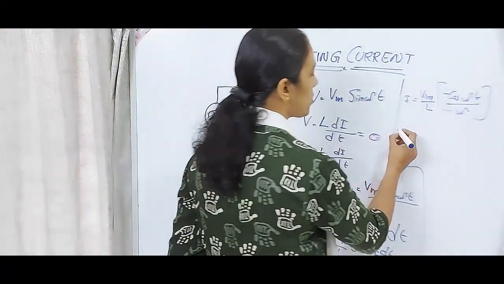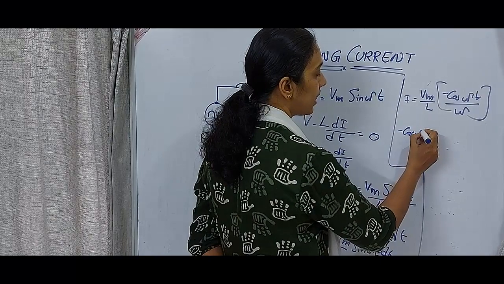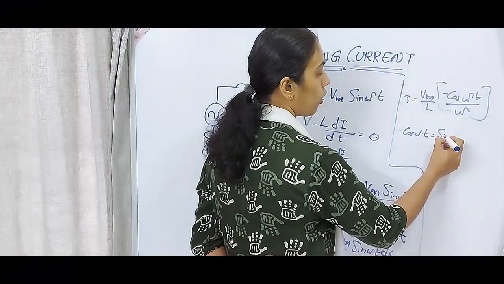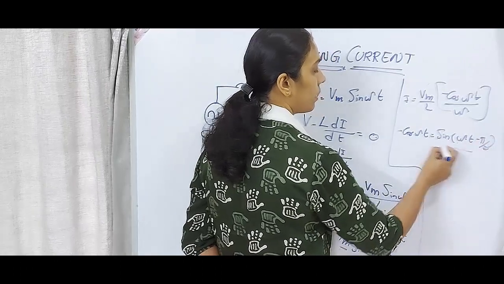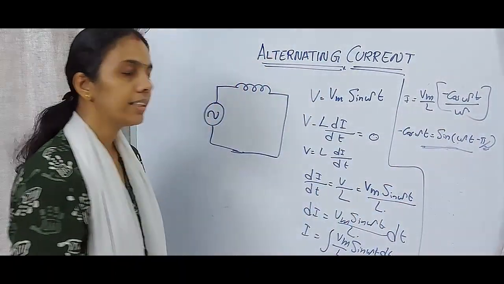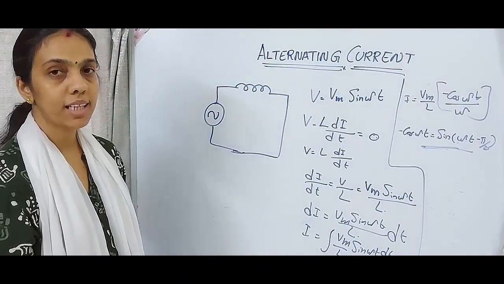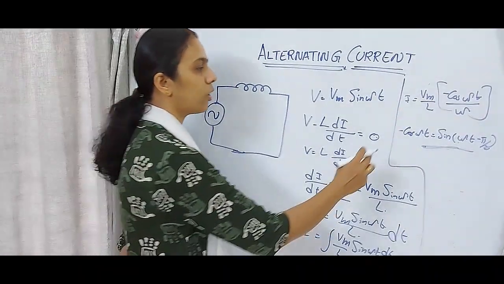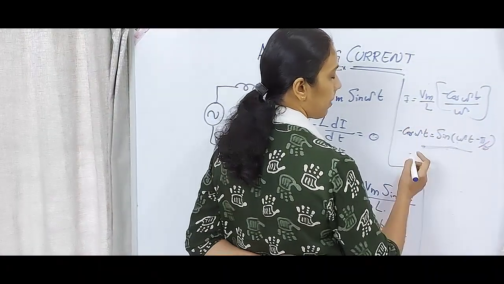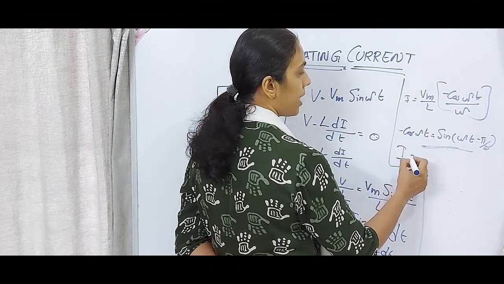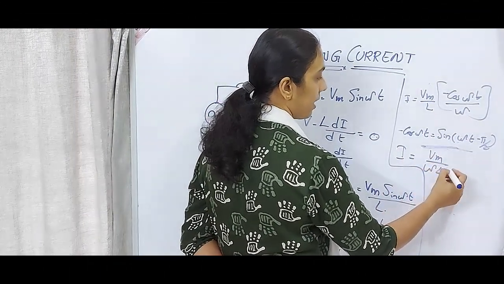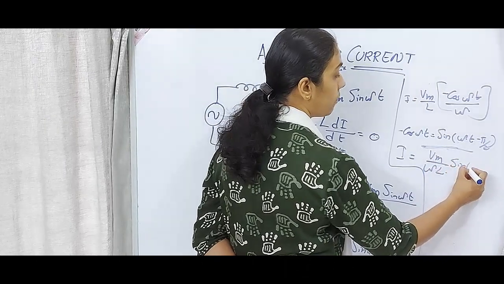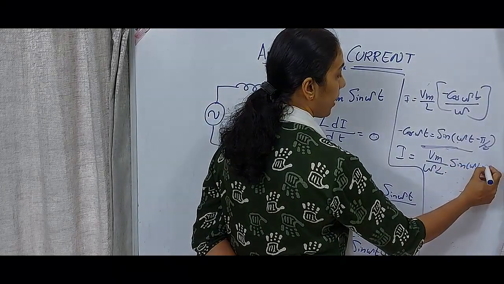This minus cos omega t I can represent in terms of sine, as sine of omega t minus pi by 2. So this I value will be Vm by omega L into sine of omega t minus pi by 2.